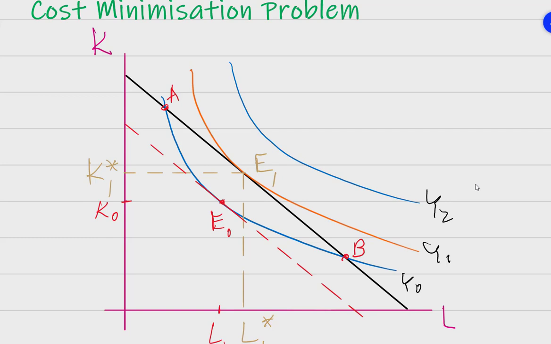Hence, we find from this analysis that a firm's cost minimization problem requires that the firm should produce at a point where its isocost line is tangent to the isoquant curve, as shown in the graph by point E1.